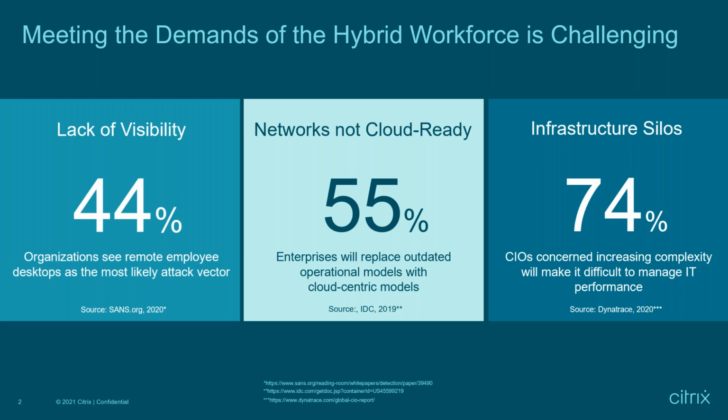So there are infrastructure silos in networks. A network can do one thing but can't do another, and if you want to change it, it requires an immense amount of effort from the broader team. So that's the reality that the enterprises are facing right now.